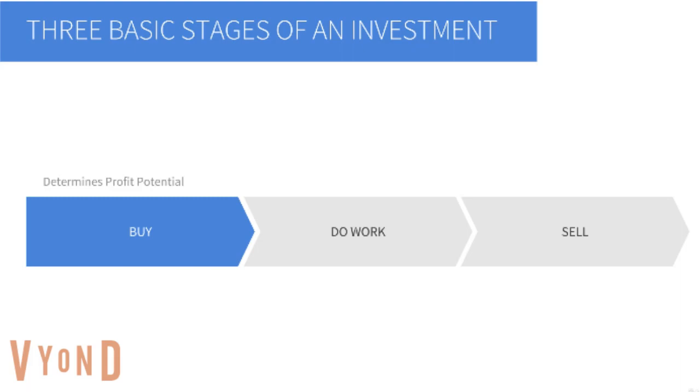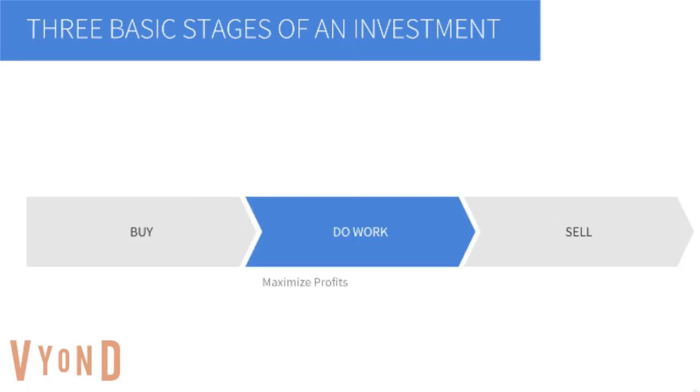Because if you overpay at this part, if you don't pay the right amount and you pay too much, you're not going to be able to maximize the profits of the investment no matter what you do to it later. Right. So at the purchase, this determines the maximum profit potential that is even possible from the deal.